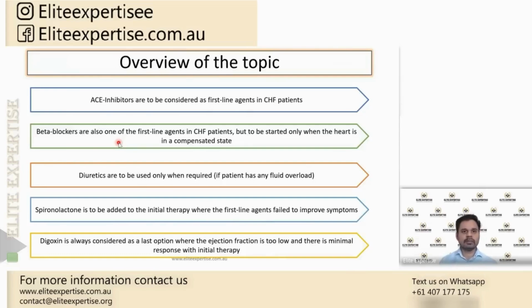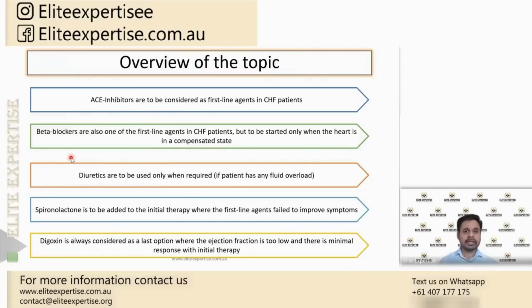And the most important point that I mentioned earlier was, we should not give beta blocker to the patient when the heart is in a decompensated state. So we need to wait until the heart comes back into a compensated state. Then we can start the patient on a beta blocker. So ACE inhibitors and beta blockers, these two are the mandatory drugs.